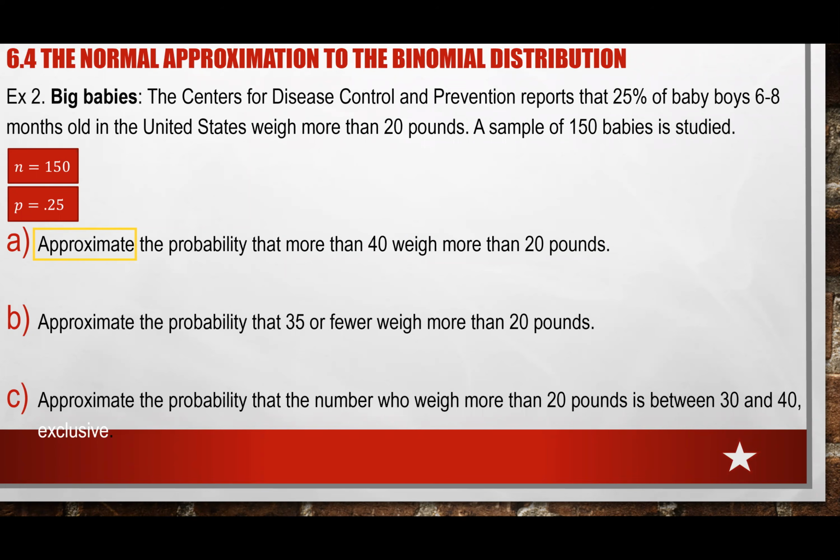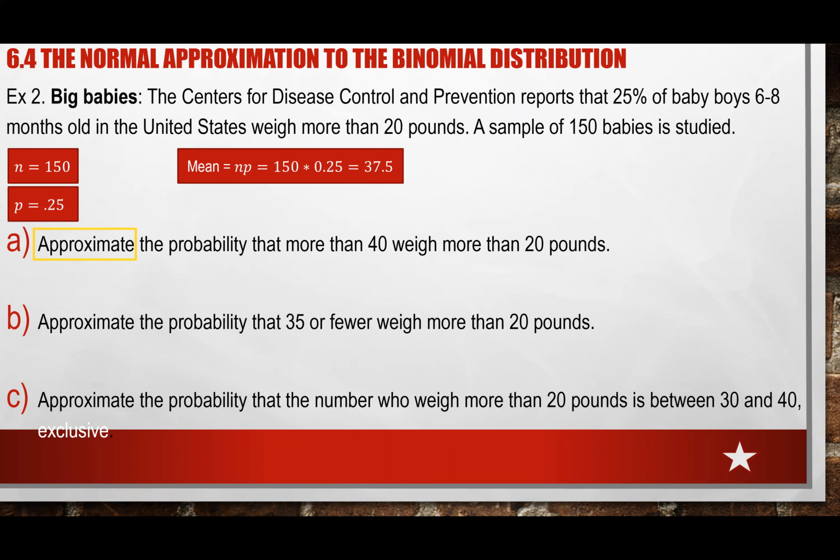So N is the total, P is the probability of success, and we need to find the mean, which is basically 150 times 0.25. If you multiply this, you have 37.5. And the other check, N times 1 minus P, which is 112.5, is bigger than 10, right?